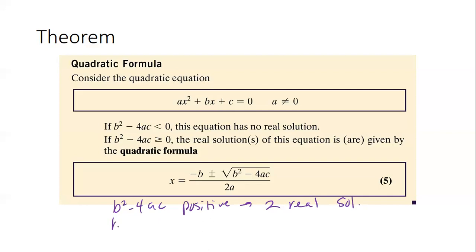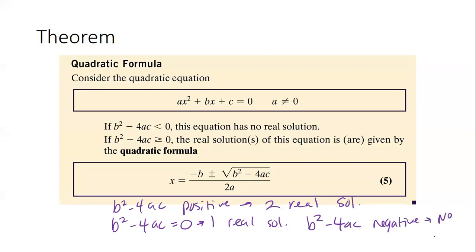If b squared minus 4ac equals 0, then you only have 1 real solution. And if b squared minus 4ac is negative, what does that mean? It means imaginary, so no real solutions, right? That's what the theorem is telling you for the formula. Okay. All right.